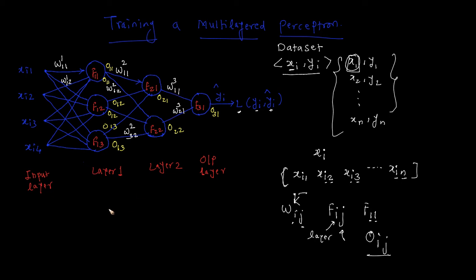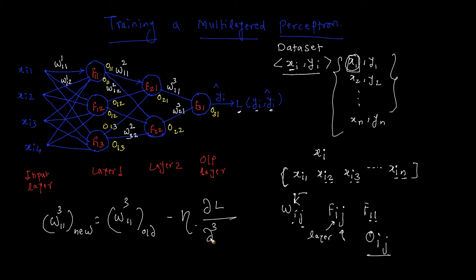That means if I want to update this weight W3 11, I will have to say W3 11 new is equal to W3 11 old minus eta times the derivative of loss with respect to W3 11 old.